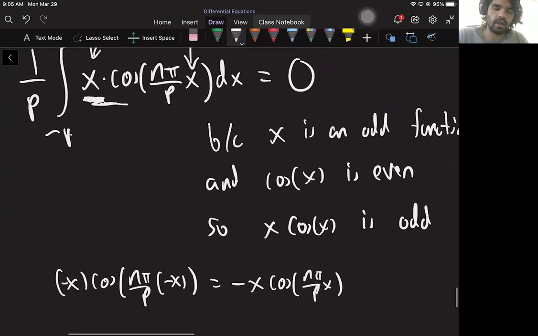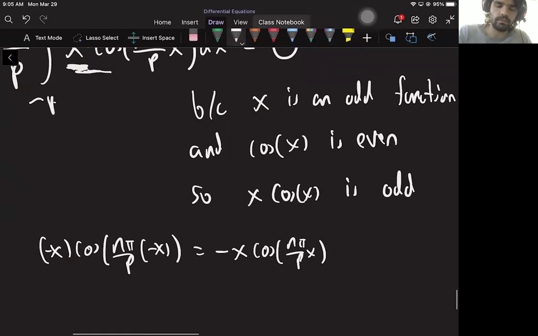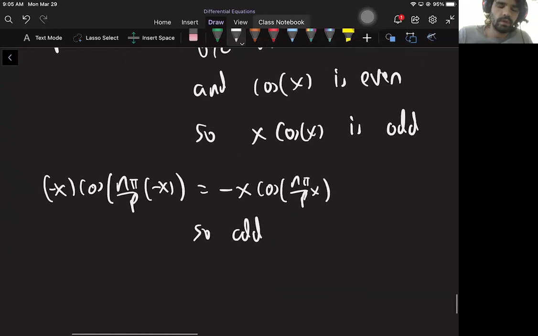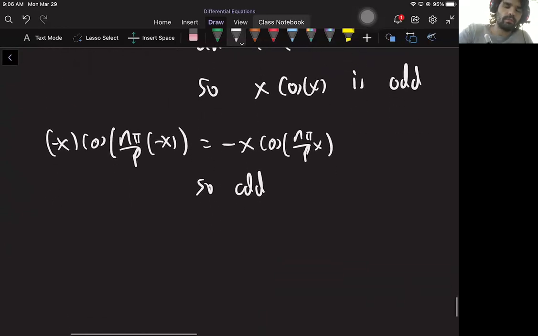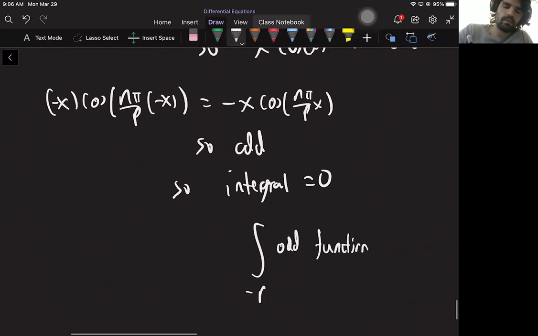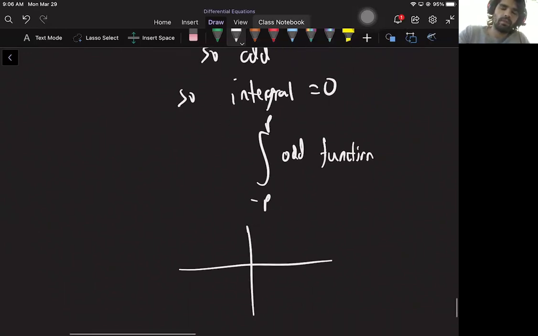And I result in the negative of the original. So this is odd. And because it's an odd function, it's symmetric about the origin again. So the integral will be 0. If I integrate an odd function from negative p to p, because it's symmetric, I'll have this same property where the area down here and the area here will cancel.